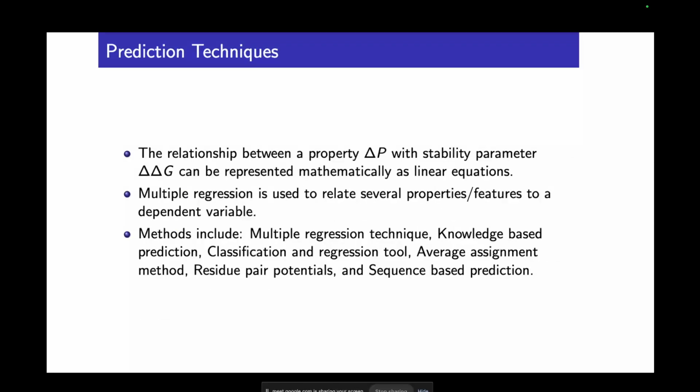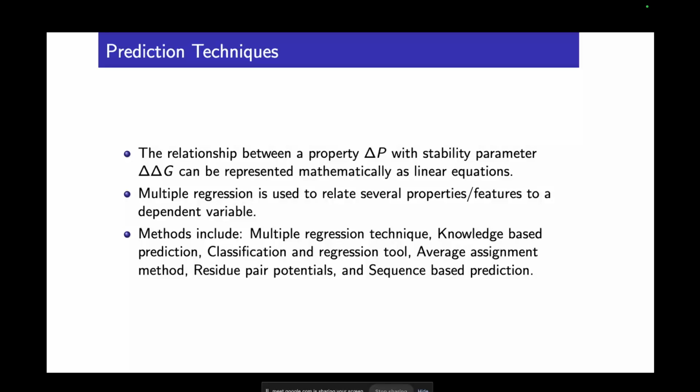So, coming to the basic facts: how do you predict the difference in stability? How do you predict the difference in conformation? The relationship between a property, it can be hydrophobicity, structure, sequence, whatever property you're looking at, delta P, with a stability parameter, delta G, can be represented mathematically as linear equations. You can use multiple regression.